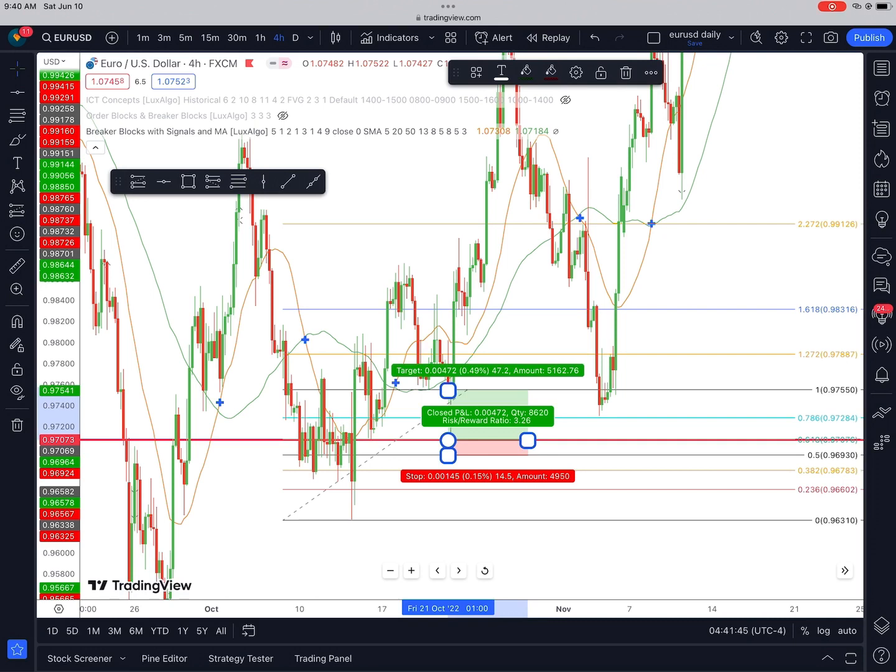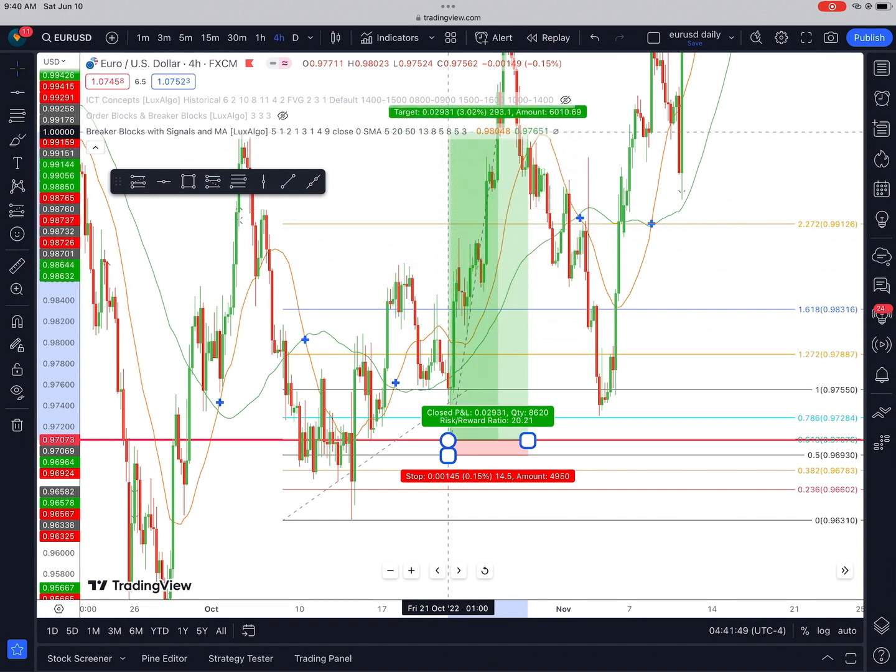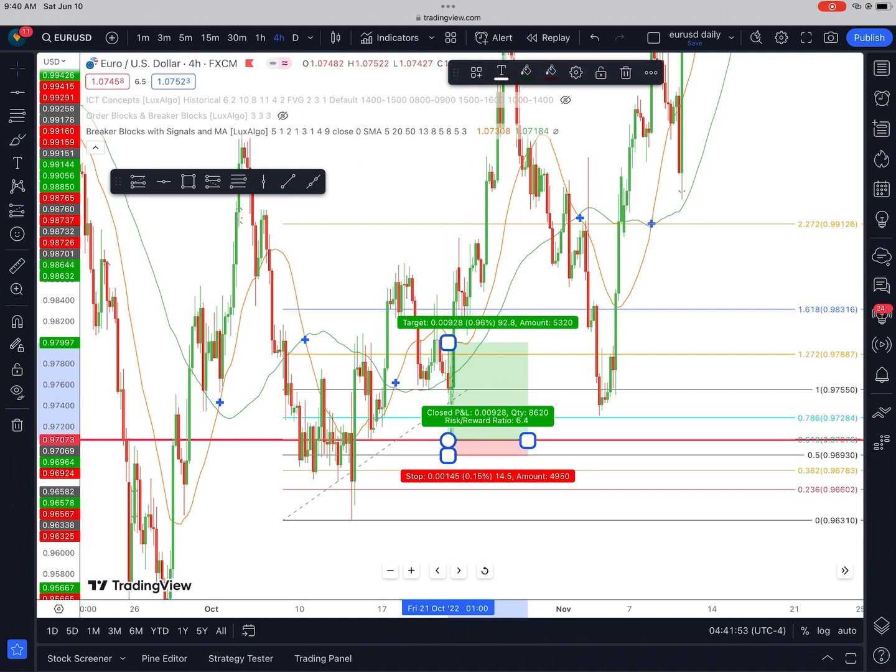Another way you can do it, something I've also learned in the past, is you can enter 2 trades. You can enter one where you take your profit at the one level, and a second one where, when you hit the 0.786 level right here, you move your trade straight to break even.